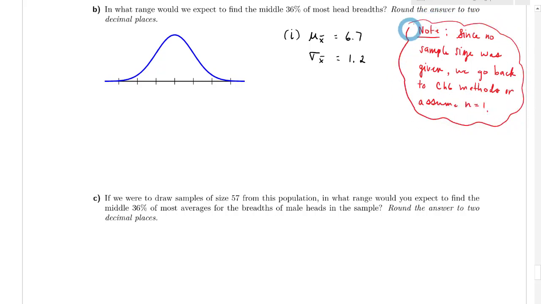So you either can divide by the square root of 1, which gives you still 1.2.